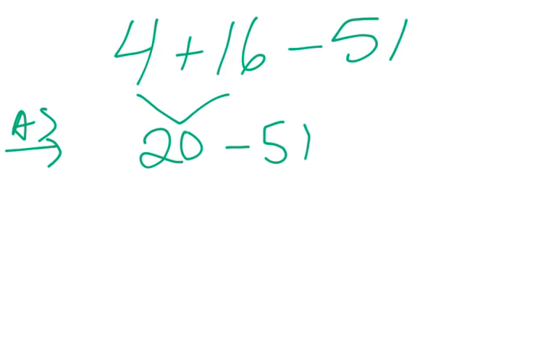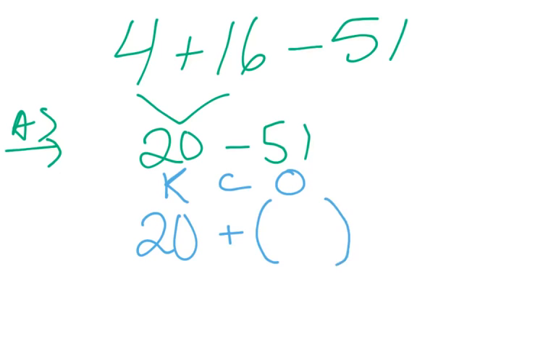So if you are like, whoa, wait a minute, I don't remember this, this is a great opportunity to refresh and review on your integers. If I have 20 and I'm taking away 51, probably going to end up with a negative answer, but before I subtract, I really don't like subtracting, I'm going to keep change opposite. 20, change that minus to a plus, so it's adding the opposite.